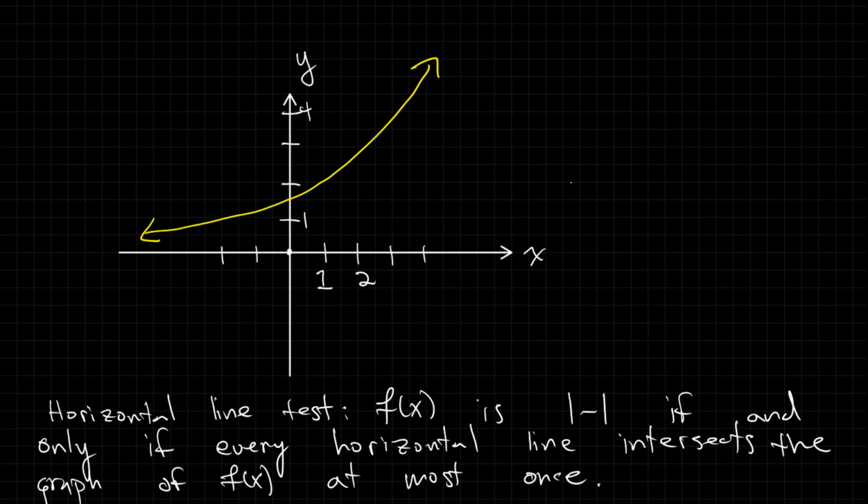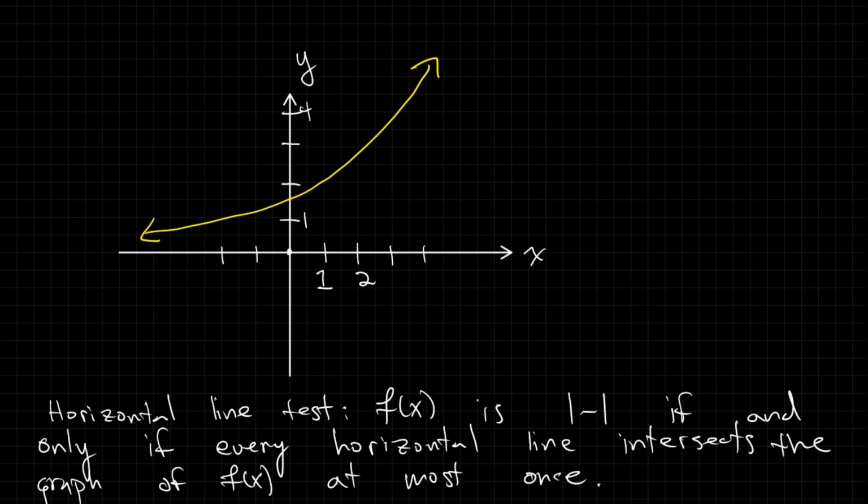So remember, inverses of functions only exist for one-to-one functions, and the easiest way to find out if a function is one-to-one is to look at its graph and perform the horizontal line test. I also think it's useful to remember why the horizontal line test works.